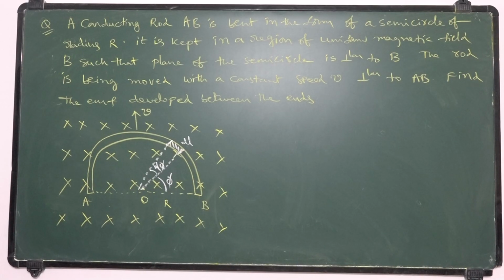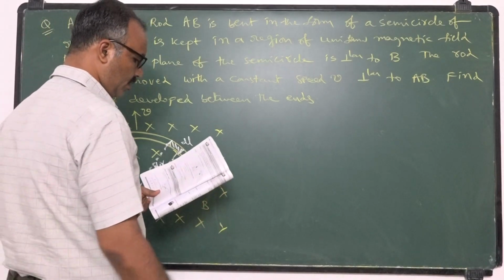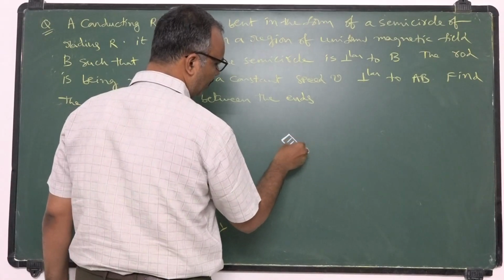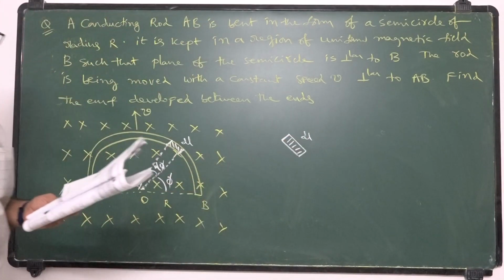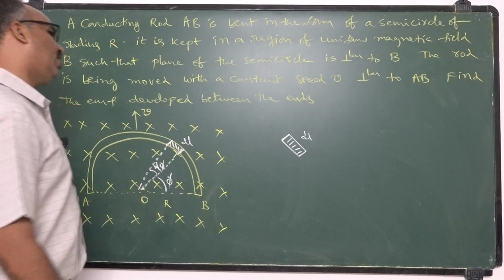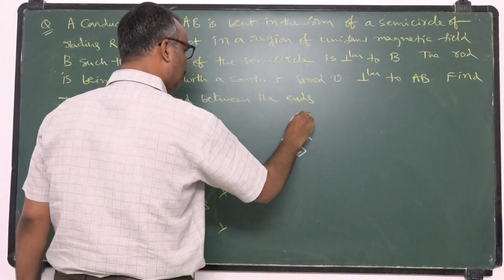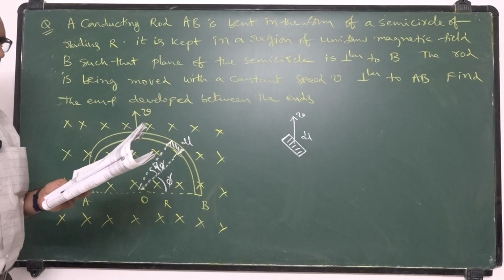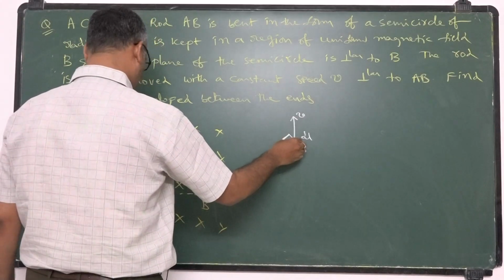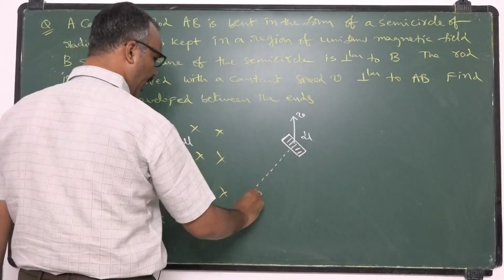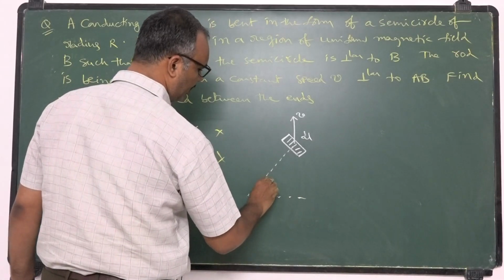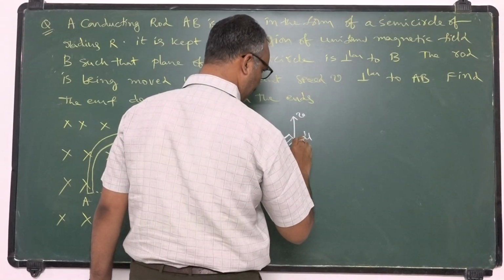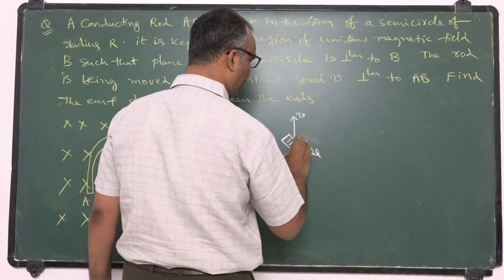If you observe clearly, this particular element has length dl. It has velocity v in the upward direction, so here we can have two components. The element is making an angle phi with the horizontal, so we can resolve components.